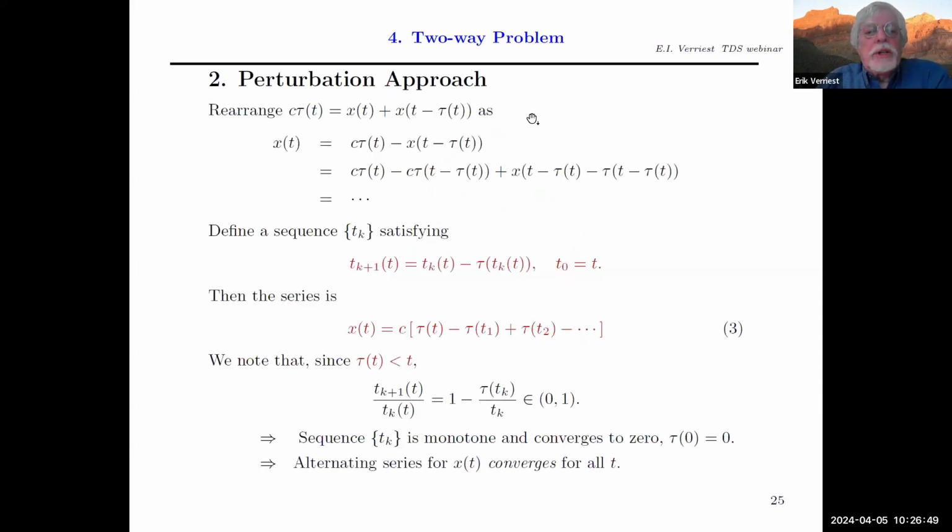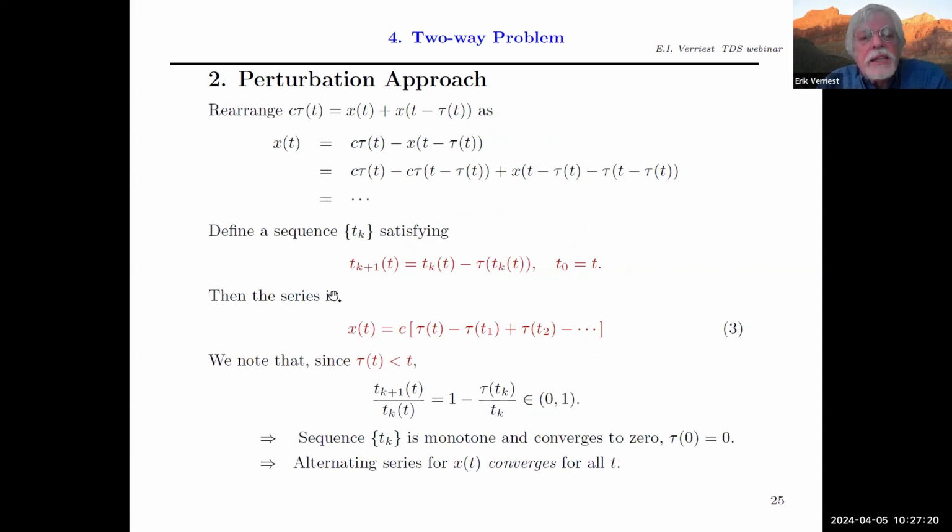So another thing one can do is look at the perturbation expansion. Okay, so again, here is our implicit relation. Write x of t as c tau minus x of t minus tau, and then this x of t minus tau is again expressed as c times something plus or minus x and so on. So we get an infinite series of delays here. This can be encoded like this.